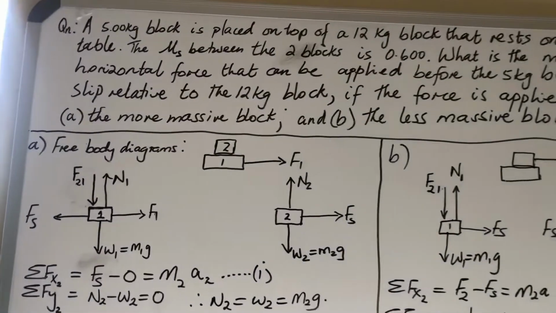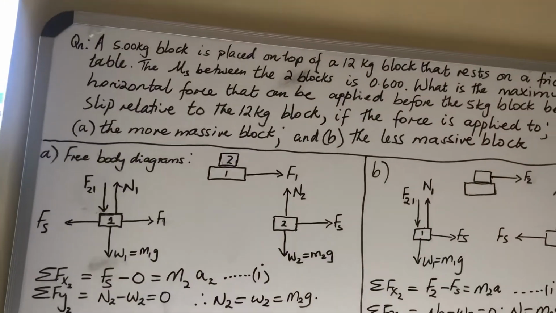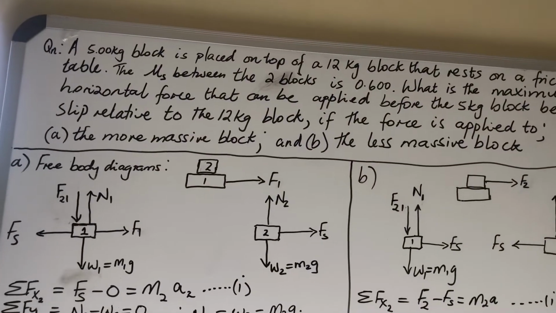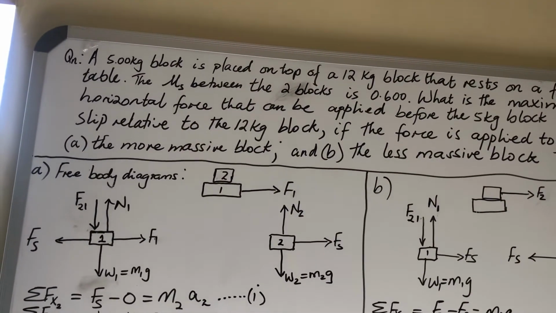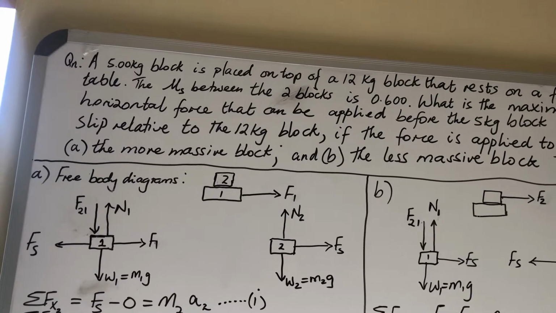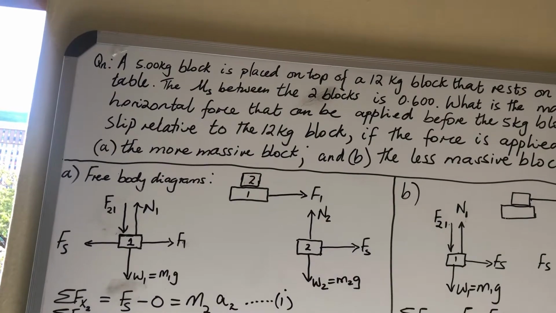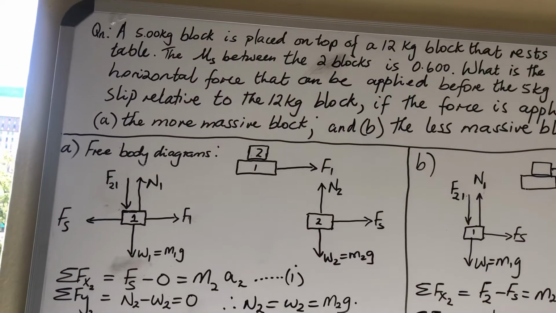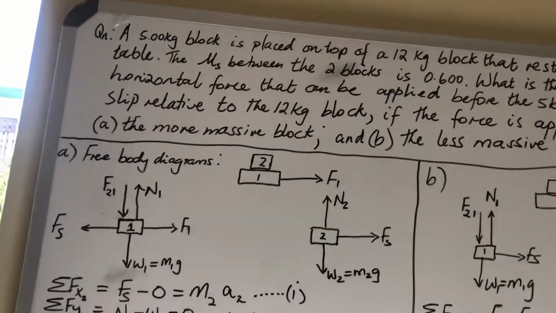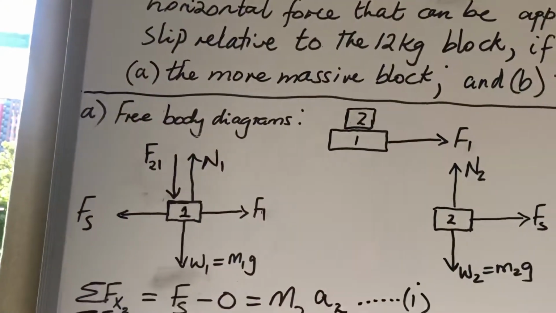For instance, situation A is saying we are going to calculate the maximum horizontal force that needs to be applied before the 5 kg block begins to slip relative to the 12 kg block when we apply that particular force to the more massive block.